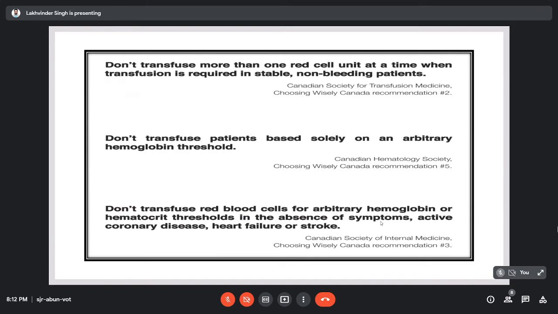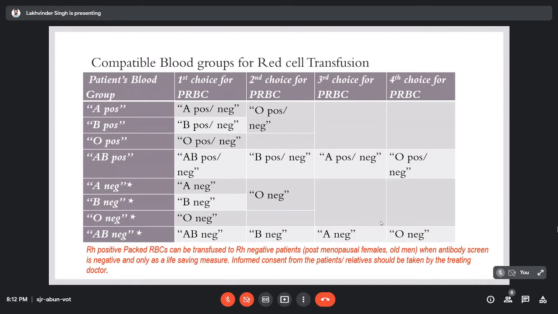Next, one thing which generally we get confused about, but it's very simple to understand: compatible blood groups for red cell transfusion. Remember, O negative packed red cells are the universal red cell donors.